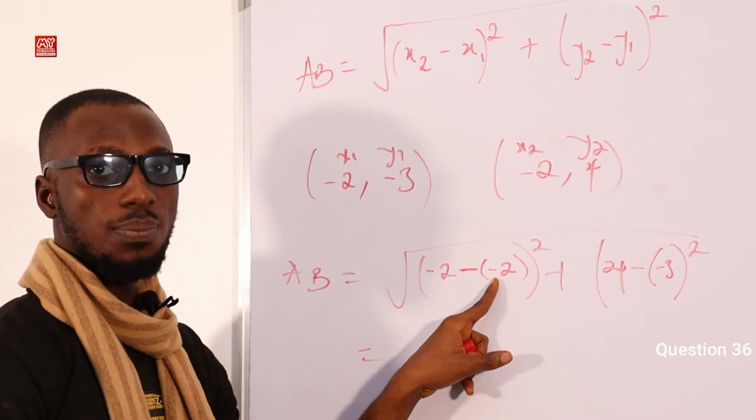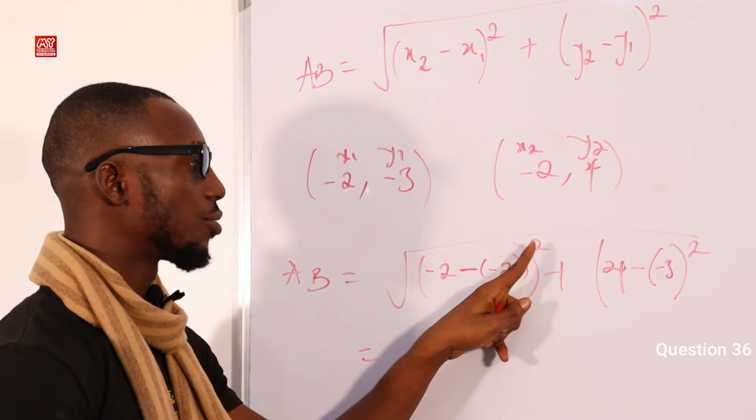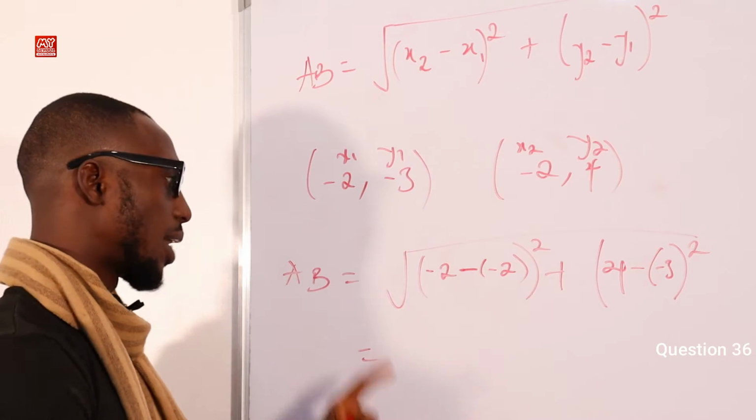Minus times minus is plus. So -2 plus 2 is 0. 0 raised to power 2 is still 0, so that is gone.